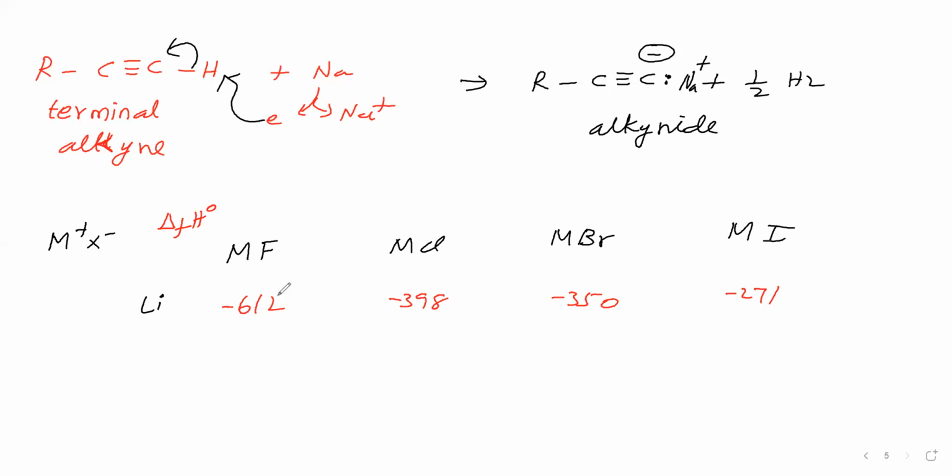Next we will take sodium. Sodium fluoride minus 569, sodium chloride minus 400, sodium bromide minus 360, sodium iodide minus 288. Next, potassium fluoride minus 563, potassium chloride minus 428, potassium bromide minus 392, potassium iodide minus 328.